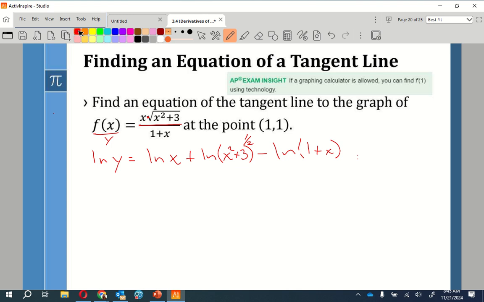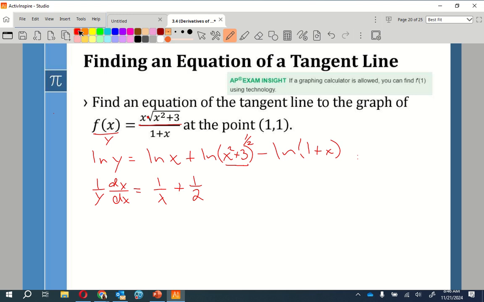All right, so we can go through and start chugging along, right? So, this first one right here, this is going to give me 1 over y dy dx equals 1 over x plus, what am I doing with that 1/2? I'll bring it up front. Out front, very good. So 1/2 out front. And then, remember, we're going to treat this like a u, right?